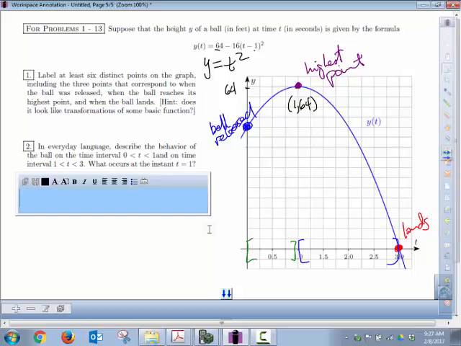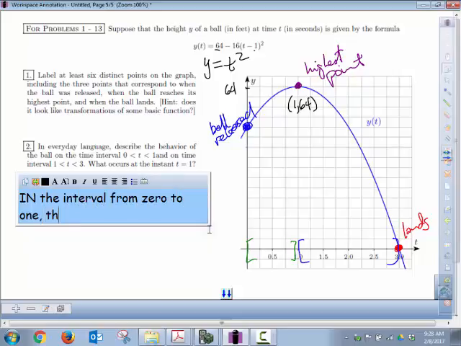All right, what are some words? What can you say about the interval from 0 to 1? What can you say about the ball? Anything else?